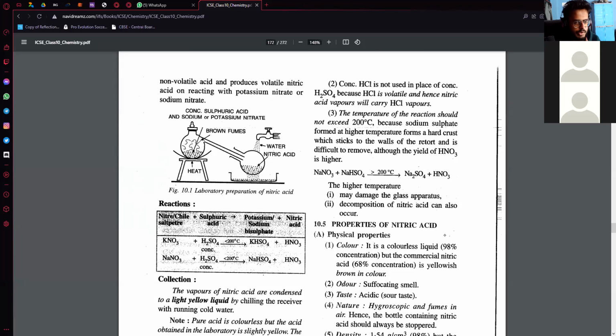For laboratory preparation, you can write any of these two reactions. These two reactions are very, very important. So this is above 200 degrees Celsius: K2SO4 plus HNO3 is formed, and Na2SO4 plus HNO3 is formed.